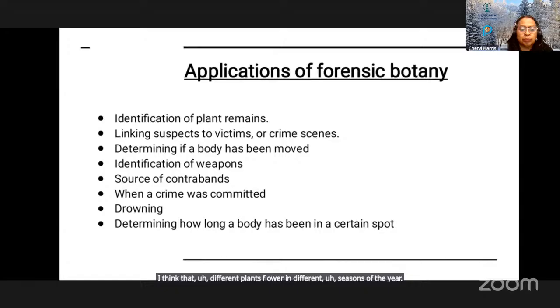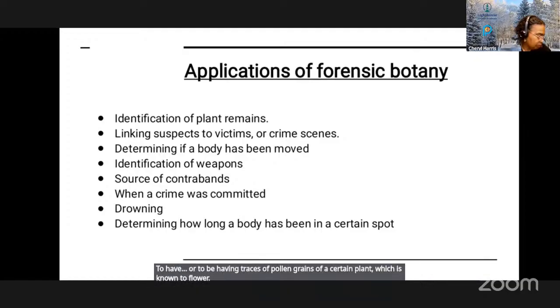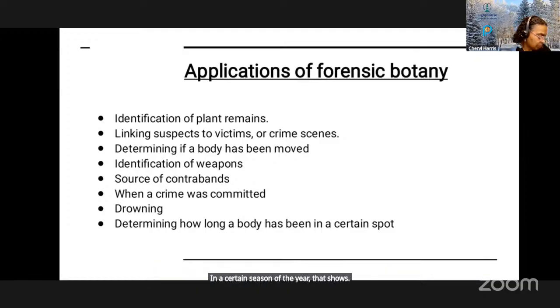So if maybe a suspect was found to be having traces of pollen grains of a certain plant which is known to flower in a certain season of the year, that shows the timeline in which the crime was committed.